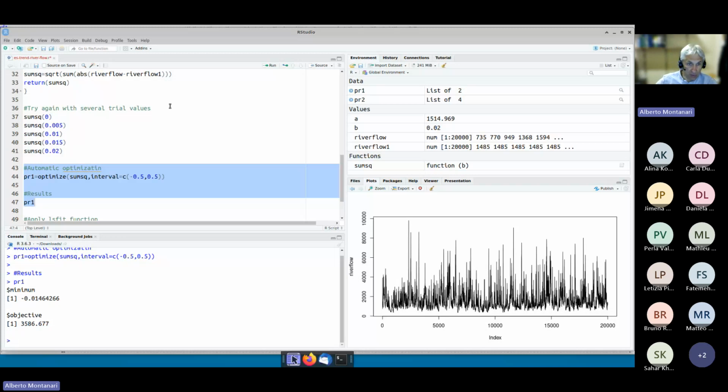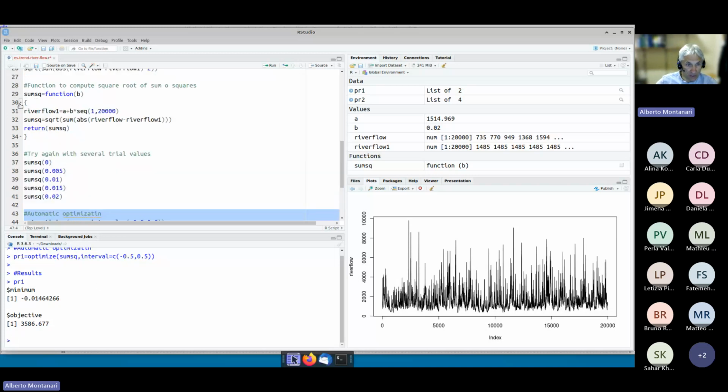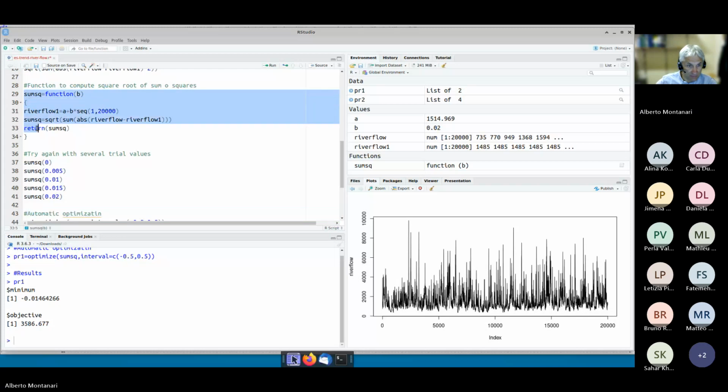And what if we wanted to use the sum of the relative error? What we have to do is here compute the sum of the absolute difference, and in this case, I think we can just divide by river flow.